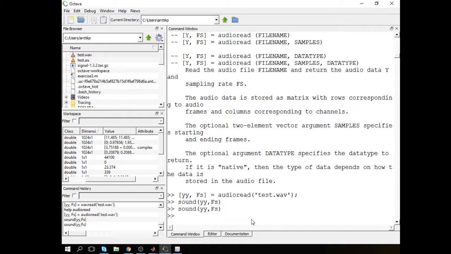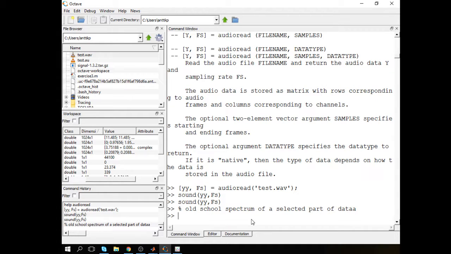So what I can do is, for example, do the old school fast Fourier transform of one section of the data. Spectrum of a selected part of data.